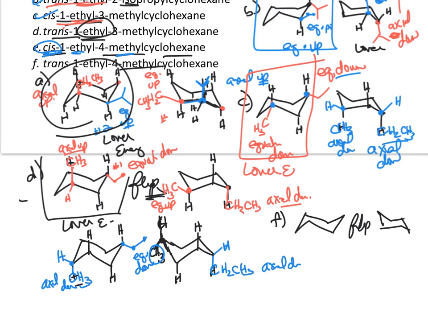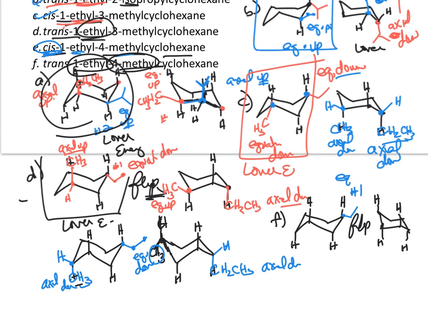And you have carbon number 4 and carbon number 1. So I'm just going to draw my hydrogens going up, down, up, down. We have an ethyl and a methyl. So go ahead and draw the ethyl on carbon number 1.